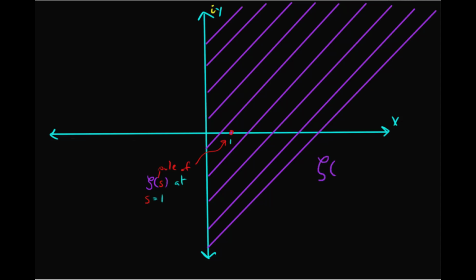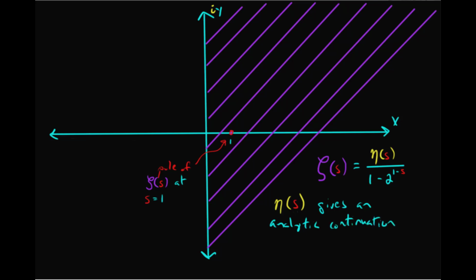So by redefining the zeta function in terms of the eta function, namely by deriving the identity zeta of s equals eta of s over 1 minus 2 to the 1 minus s, we've extended or continued the zeta function into a new, larger domain in which it previously did not have a valid definition. So in this sense, the eta function gives us what's known as an analytic continuation of the zeta function.